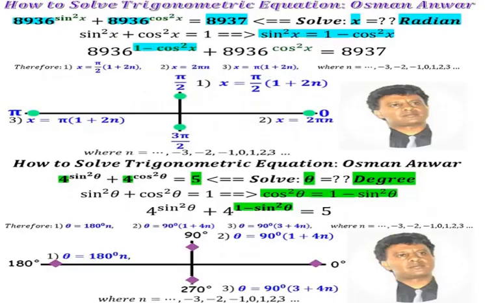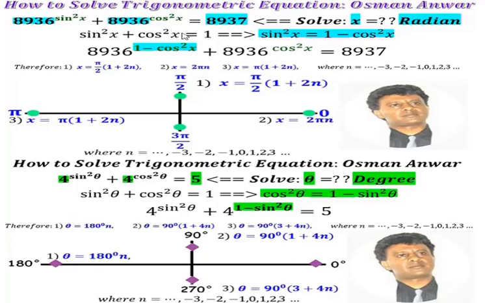Okay, by comparing the result of this video and the previous video, in this video we used 8936 and 8937. In the previous video we used 4 and 5. In this video we solve for x in radians. In the previous video we solved for theta in degrees.